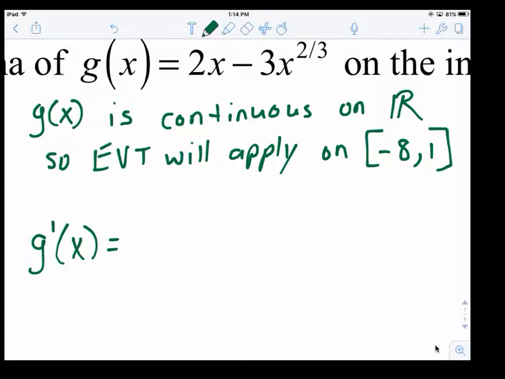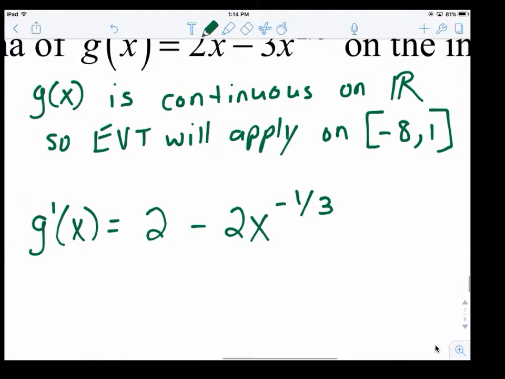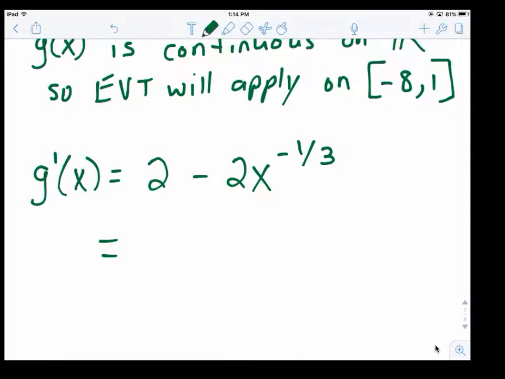All right, so my derivative would be 2 minus 2x to the negative 1/3. So I got 2 minus 2 over cube root of x, right?